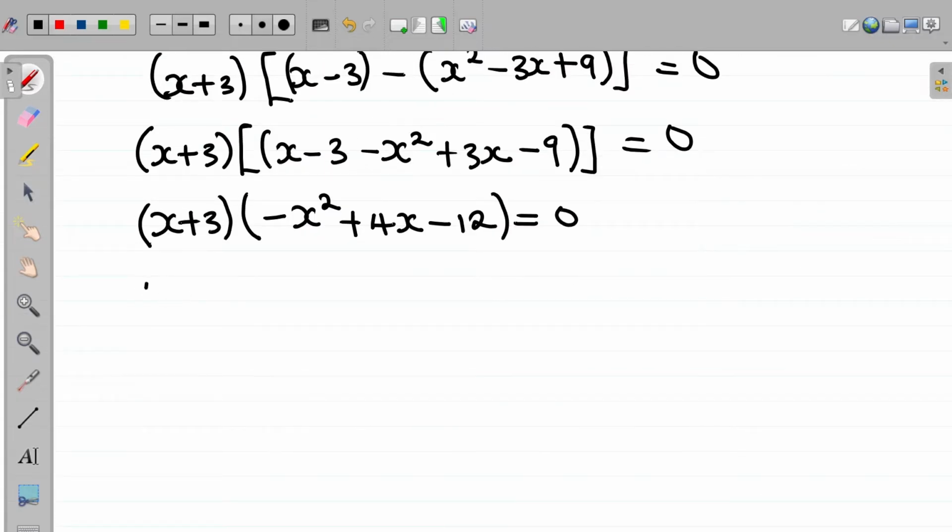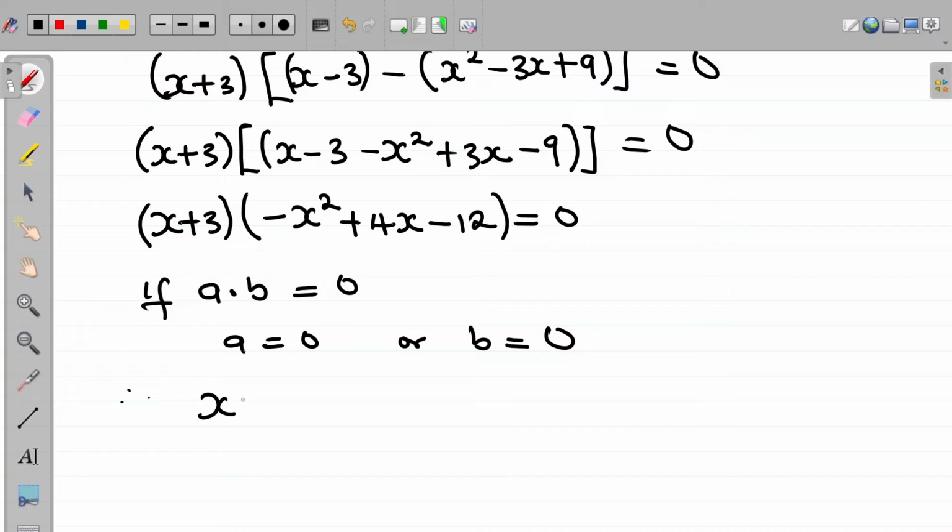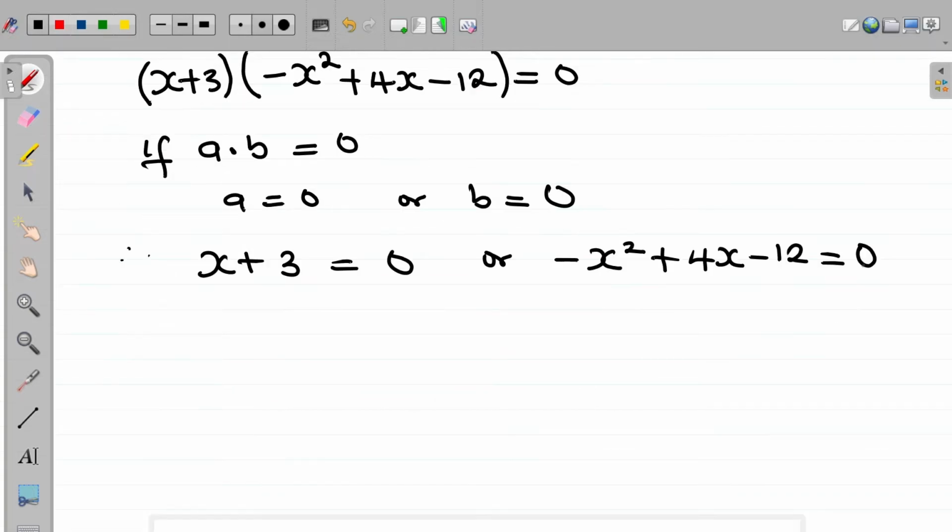But if a multiplied by b is equal to 0, it is given that a is equal to 0 or b is equal to 0. Therefore, we have that x plus 3 is equal to 0 or minus x squared plus 4x minus 12 is equal to 0. So therefore, at this point, x is equal to minus 3.